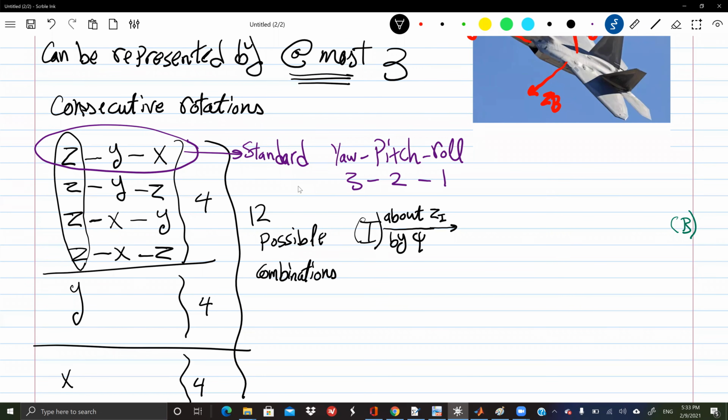Let's give it a name: E frame. So I started with XYZ subscript I, inertial. I rotated about Z inertial, so it remains fixed because I'm rotating about it, but X and Y change. In the new frame, I have XYZ subscript E. X and Y are new because they are rotated, and Z remains the same. Any question about that?